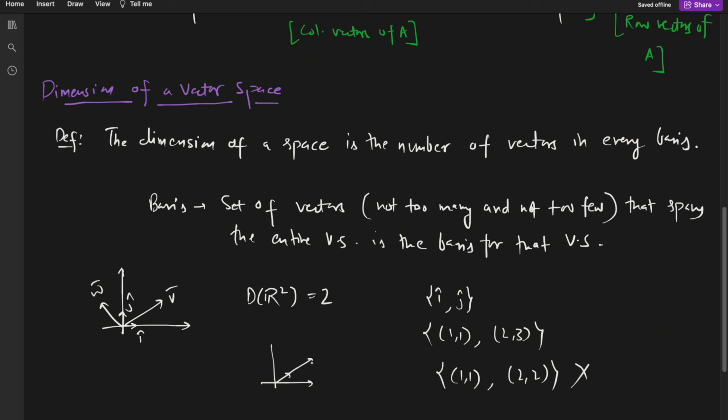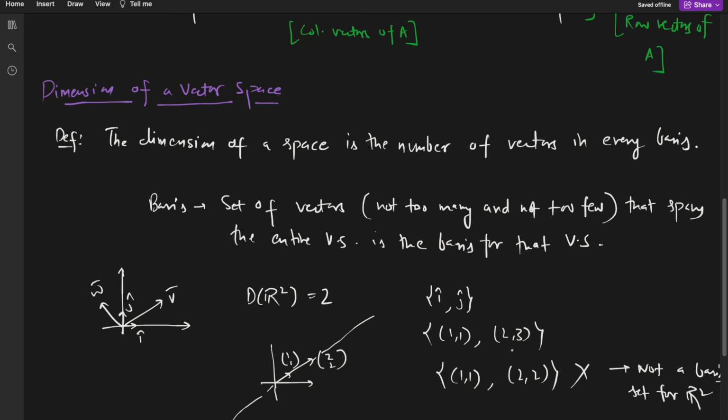So these are linearly dependent, so their span is nothing but this line. Their span is a vector subspace in R2, but not the complete R2. So this set is not allowed. This set is not a basis set for R2 at all. But these other two are a basis set of R2 and their dimension is 2.